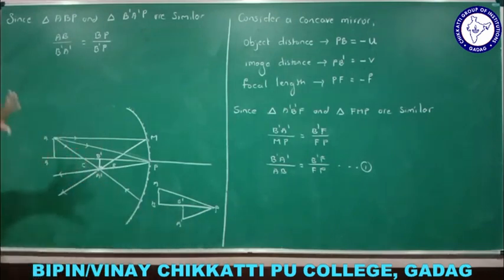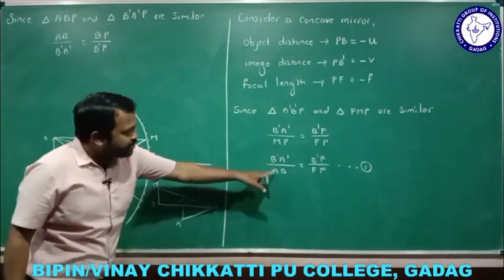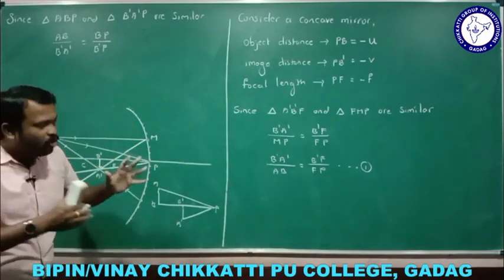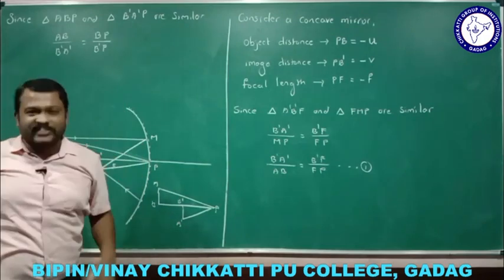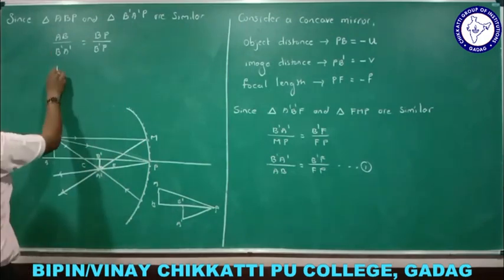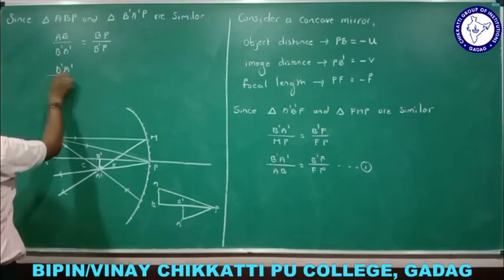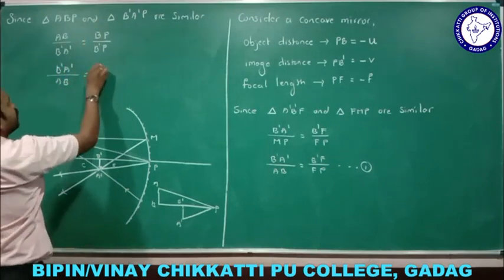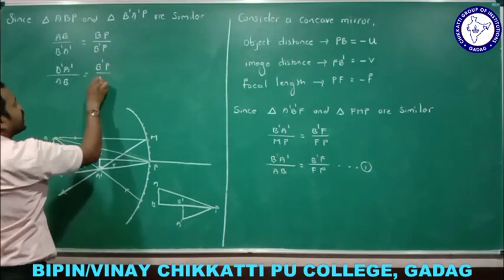Now let me check it here. Here we have B dash A dash divided by AB. There we have AB divided by B dash A dash. In order to relate them, let me take the reciprocal. What do I get? B dash A dash divided by AB is equal to the reciprocal, B dash P divided by BP.